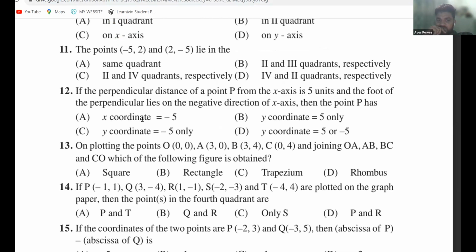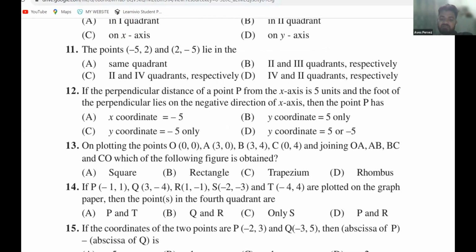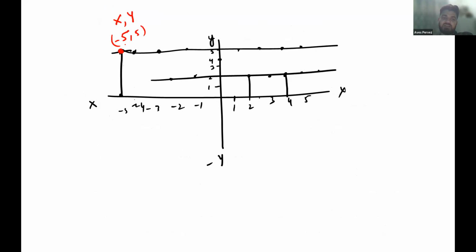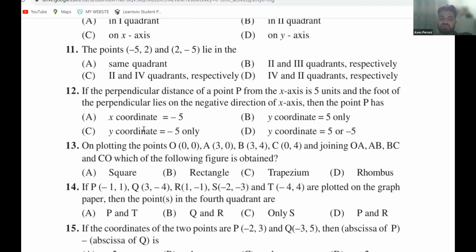Yes, the x coordinate will be negative 5. Why? You can see it here. Negative x is negative 5. Got it? Note it down. Note this question.